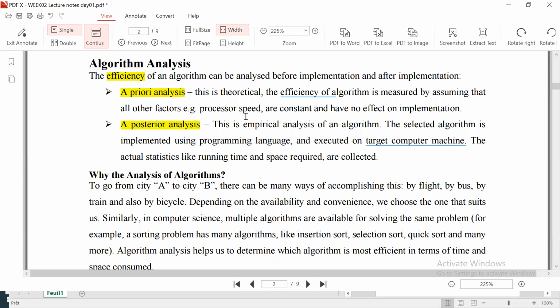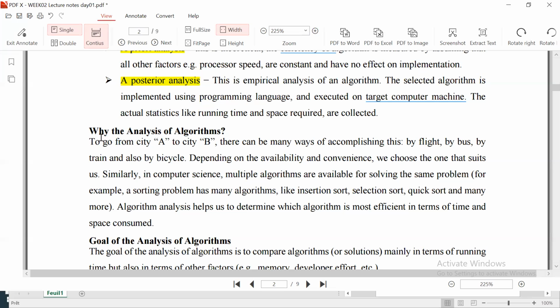So you don't just write an algorithm and jump to implementing or deploying it to production, but you need to first of all ensure that this algorithm is actually very efficient. It is not consuming too much memory. It is not taking too much time to run to completion. Okay.